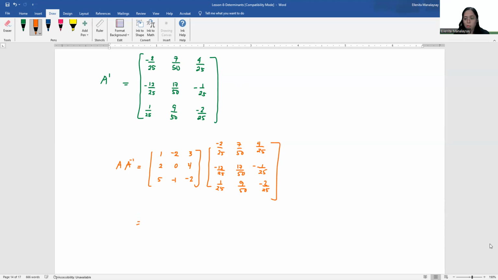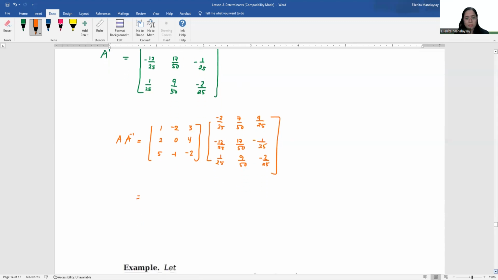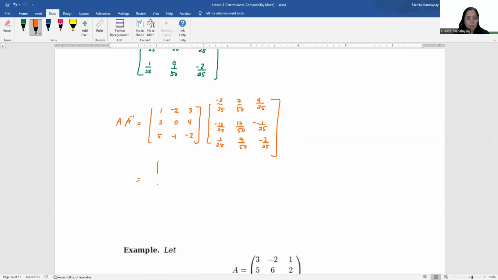Okay, let's perform multiplication. 1 times negative 2. So, puro over 25 naman, sa numerator tayo. 1 times negative 2 is negative 2 plus 24 plus 3. Negative 2 plus 24, that's 22 plus 3, 25 over 25, that is 1.